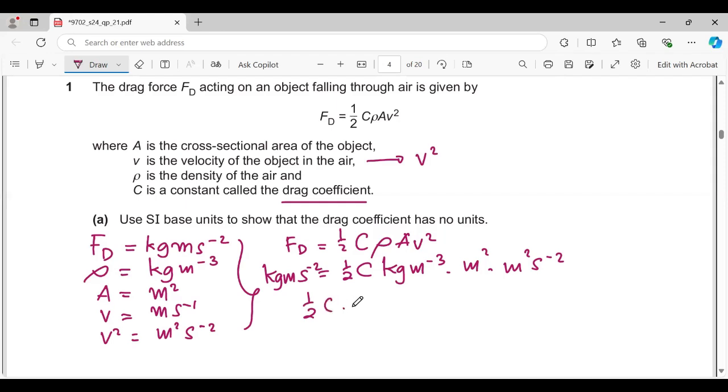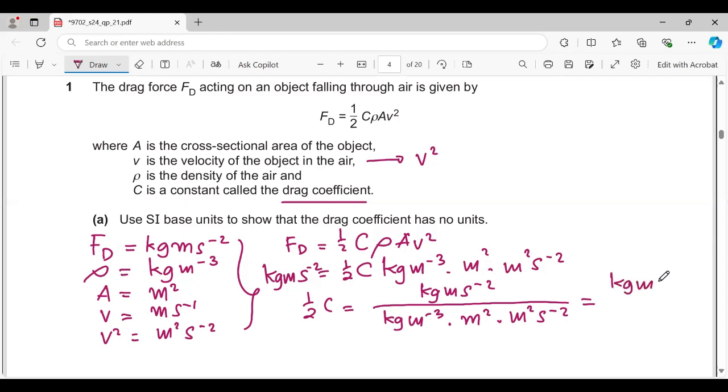It means half C becomes kilogram meter per second squared over kilogram per meter cube times meter squared times meter squared per second squared, and it will be kilogram meter per second squared over kilogram meter per second squared.